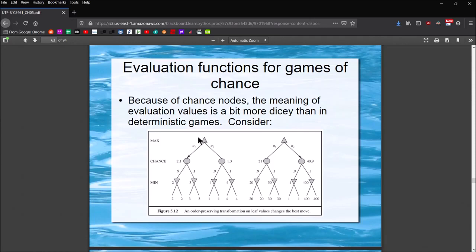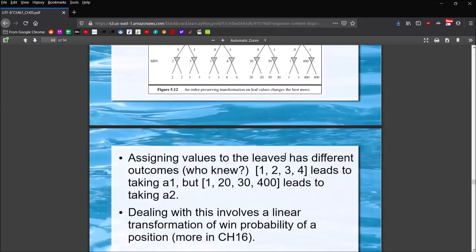So if I choose action 1, there's a 90% chance Min's going to end up here, or a 10% chance that Min's going to end up here. Using that weighting and those odds, I got my expected value of 2.1, which is going to be better than that expected value of 1.3, applying that exact same reasoning to action 2. So Max should take action 1, because no matter what Min rolls, odds are I'm going to end up in a better position than if I chose action 2.